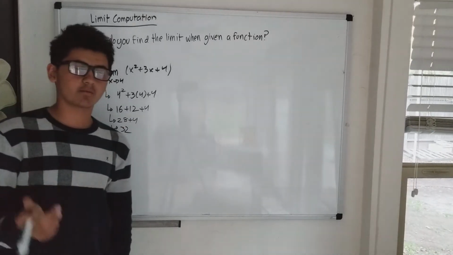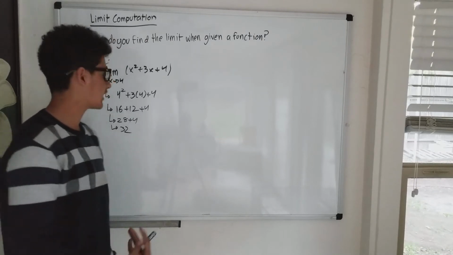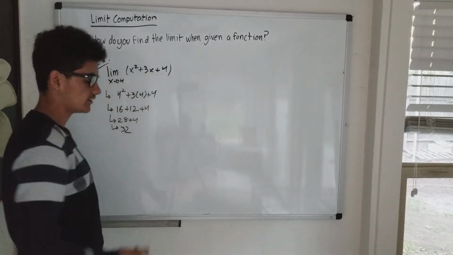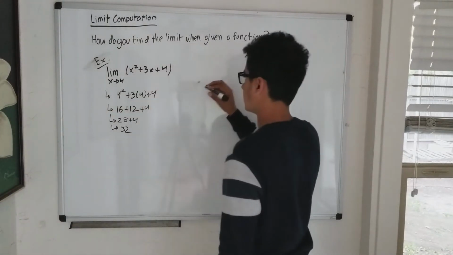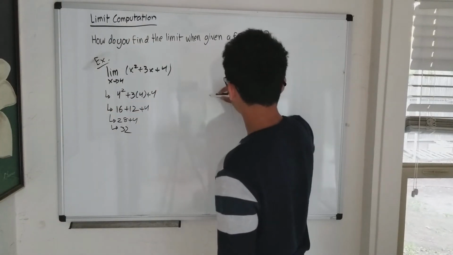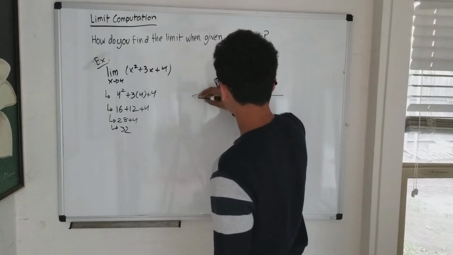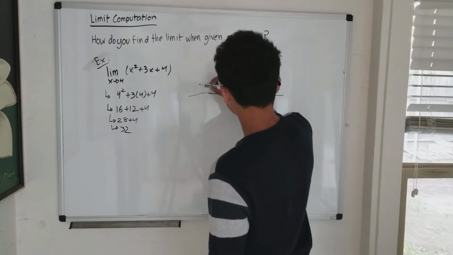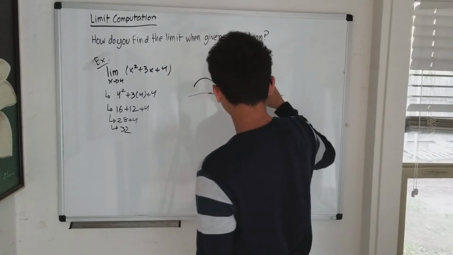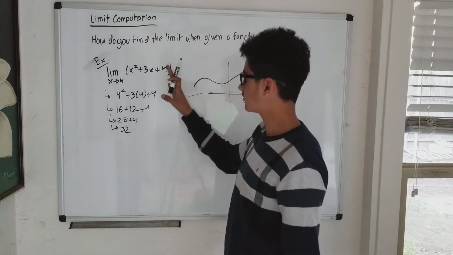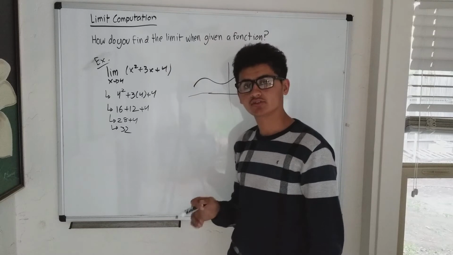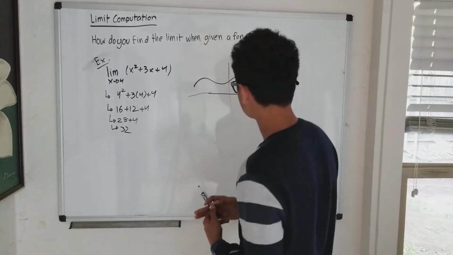But now, what you want to understand is why we actually just input the value into here. So basically, let's say we're given a graph. And this is x is equal to 4. Though this is a quadratic and it would be a parabola, I'm just using this so you guys get a visualization of this.